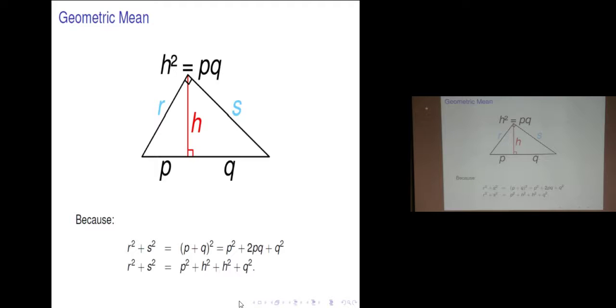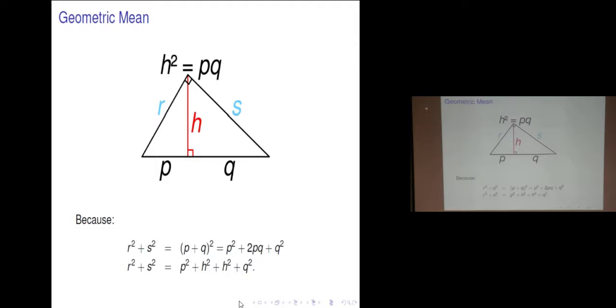So we have this situation: a right-angled triangle here, and also two smaller right-angled triangles. This is one, this is the other one. Now, why is H squared equal to PQ? This is by the Pythagoras theorem.